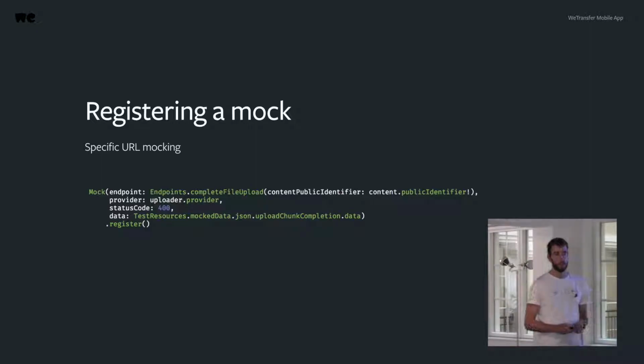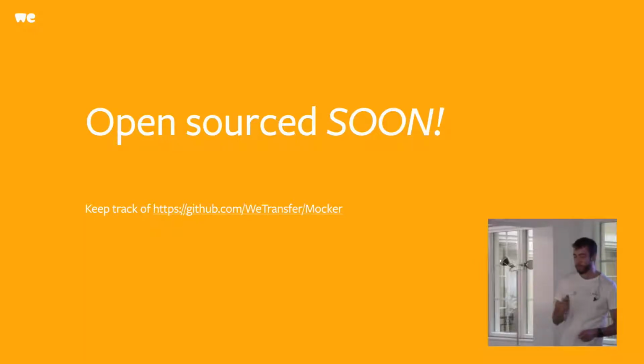It looks like this, where we give our endpoint, which builds up the URL, and it will return the data we want for making offline requests. I realized I had to say before that we're going to open source it soon, and hopefully it's very useful for you as well. It's a really small framework, but it makes it really easy to mock your requests and make your tests offline.